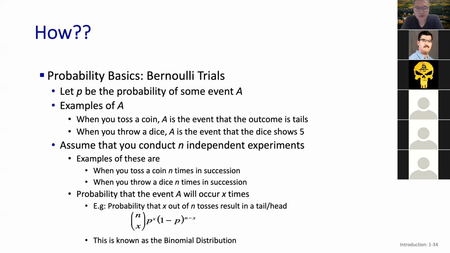And assume that you conduct n independent experiments, right? Examples of this are when you toss the coin n times in succession, and when you throw a dice n times in succession. So we can calculate the probability that the event A will occur X times. The probability that X out of n tosses result in a tail or head is based on this formula.